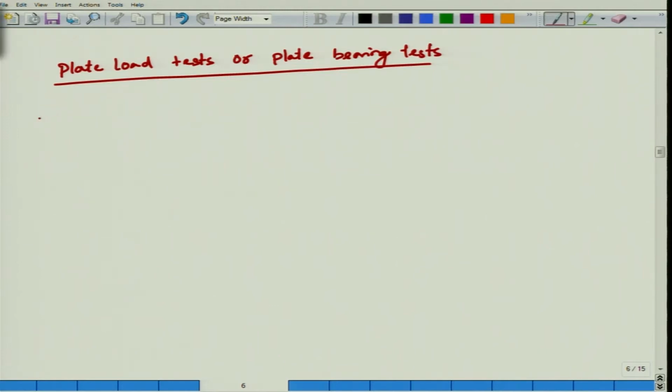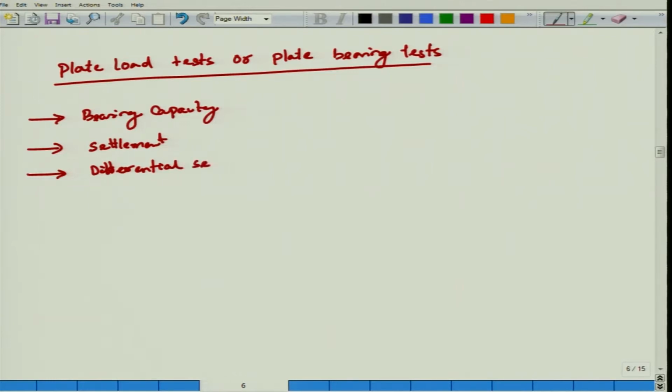You are supposed to get bearing capacity, settlement, differential settlement, E, subgrade modulus K, then influence factor. These are all parameters you are supposed to get with a single test, the plate bearing test.